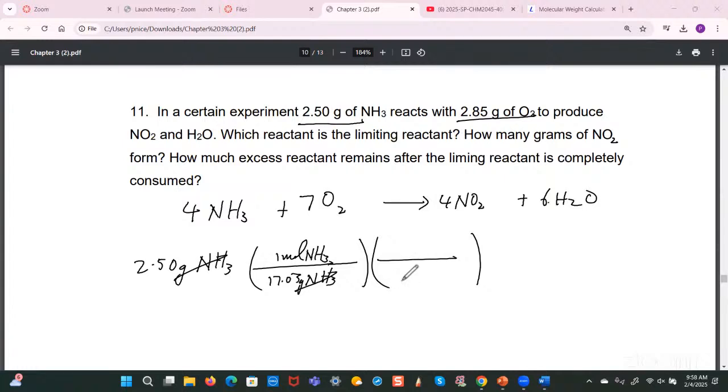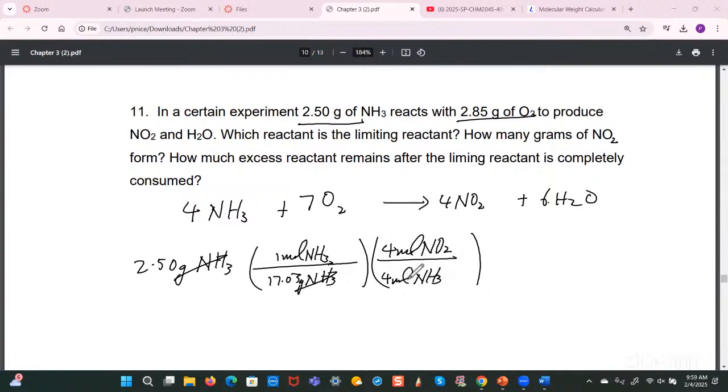In the next conversion factor, what goes up top here and what goes below here as a denominator? Four moles of, well, let's deal with the numerator first. 4 moles of what? NO2 goes up top, and down below you're going to have what? 4 moles of NH3, right?